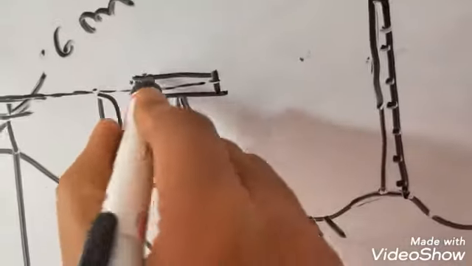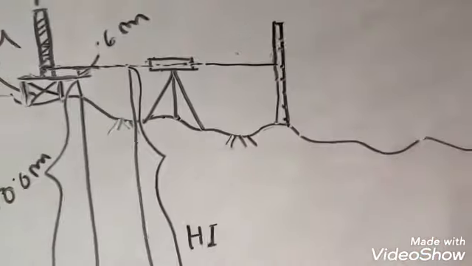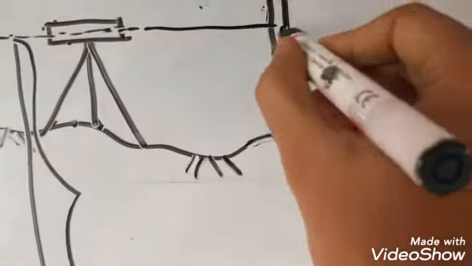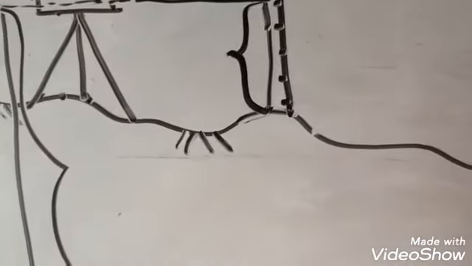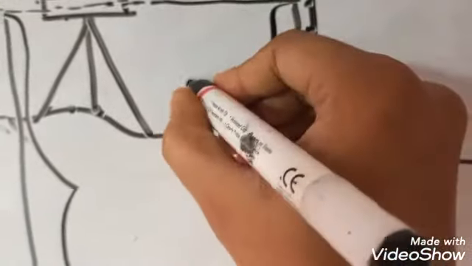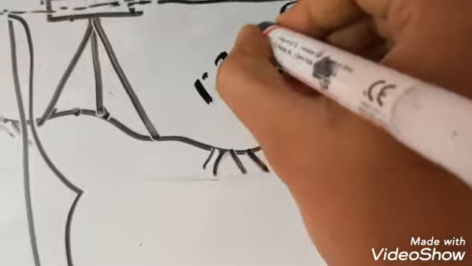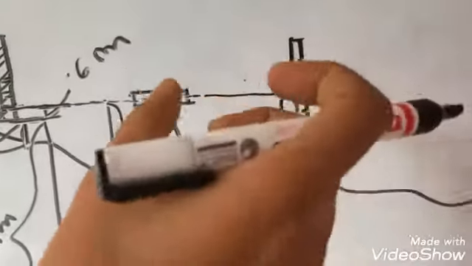Now we turn the instrument this way and look at the staff through the telescope. Again, the staff reading will give us this height. Suppose we find 1.2 meter by looking at the staff through this telescope.